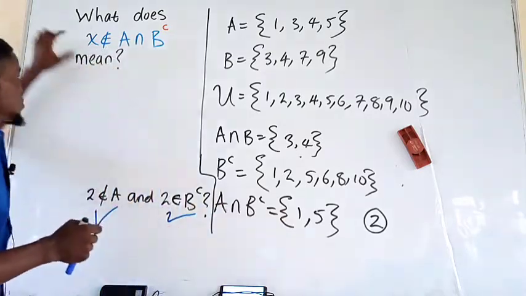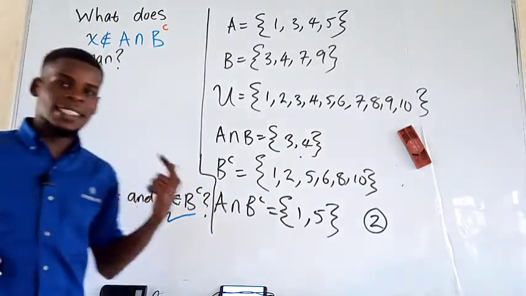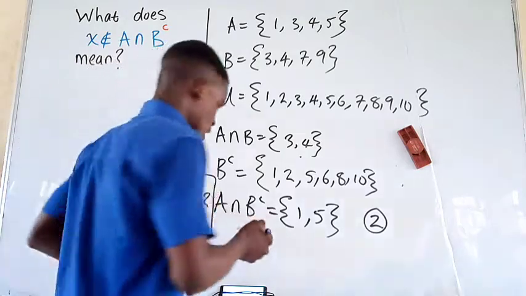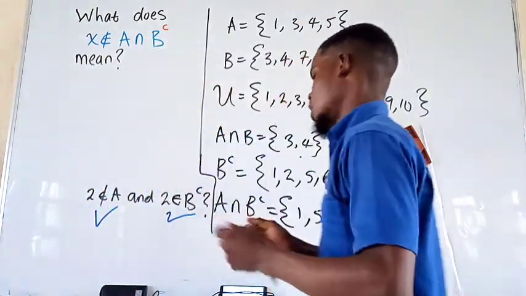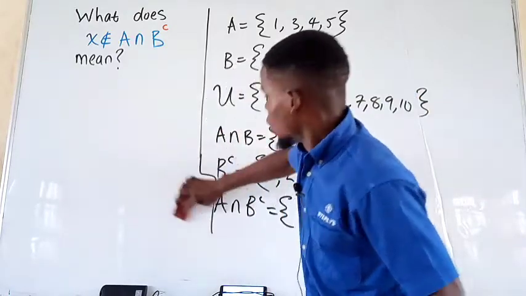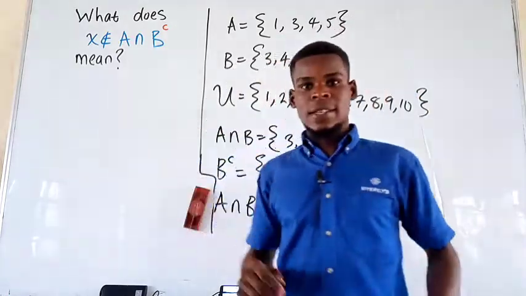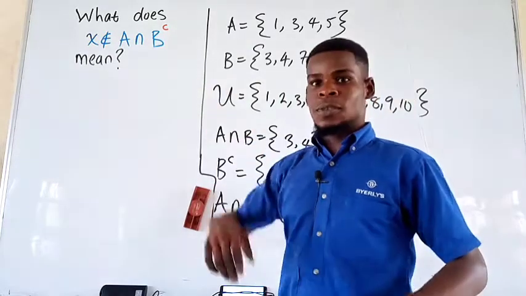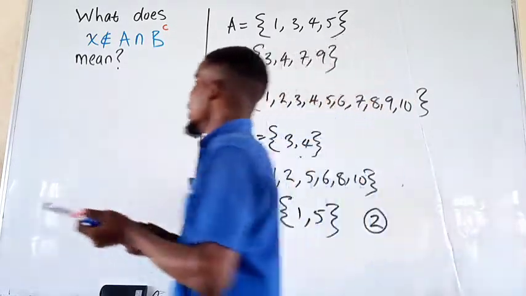So this question is actually a little bit tasking, alright? But let's see how we will move with it. Okay, great. So here we are to explain this. If X is not in the intersection, what does that really mean?